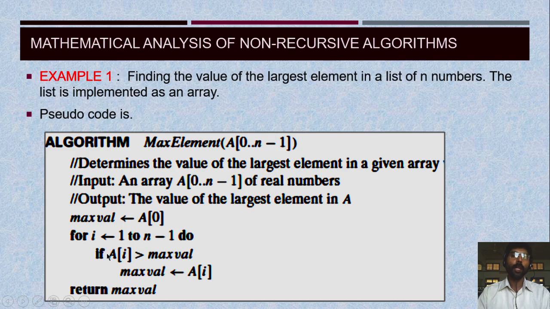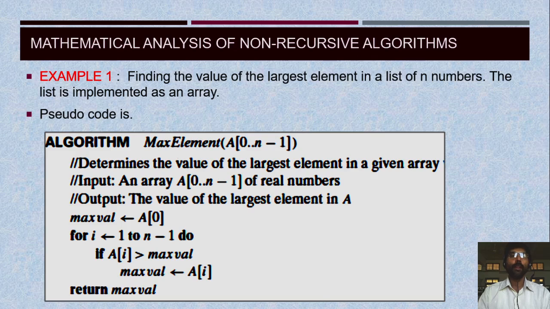If the array element is larger than maxval, you transfer that larger value to maxval. When the loop is completed and the n elements are over, maxval contains the largest value of this array, which will be returned. This is the explanation for the algorithm.